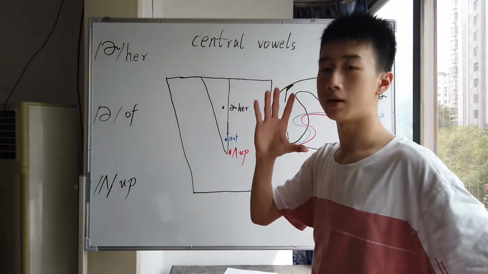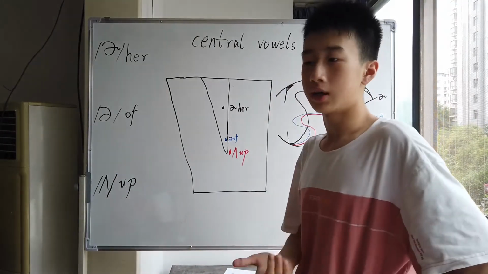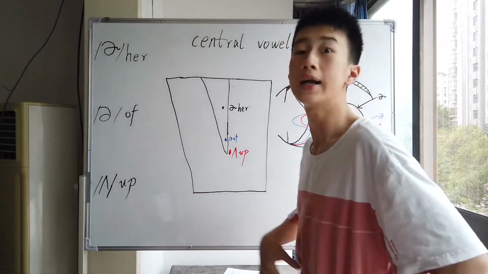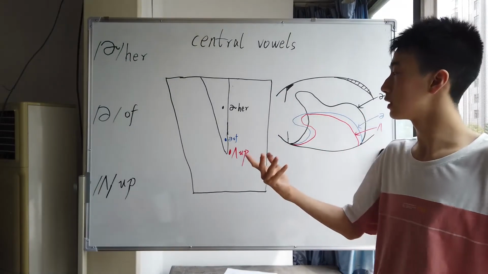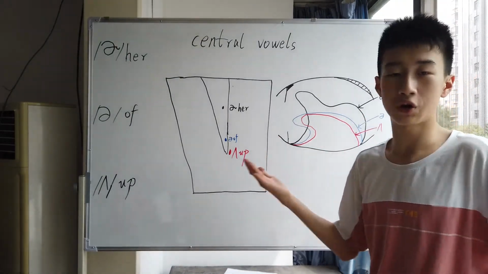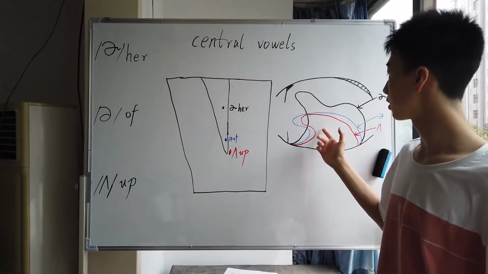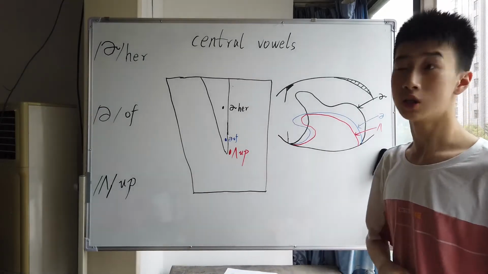Then you sort of open up your mouth just a little bit, and then you start singing. And it's sort of that sound, but perhaps a little bit more refined. But since this is a really lazy sound, you don't have to refine it that much. But there you go, it's in your normal tongue resting position, and your mouth is only a little bit open, and that's how you pronounce the sound.